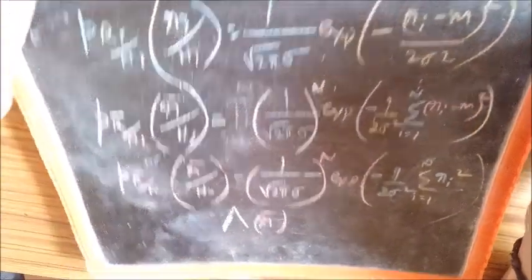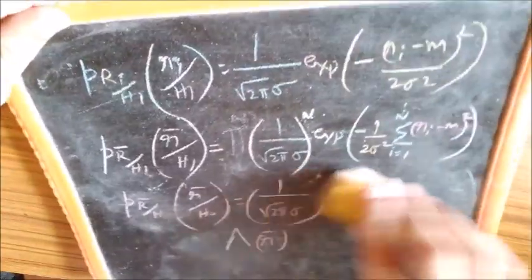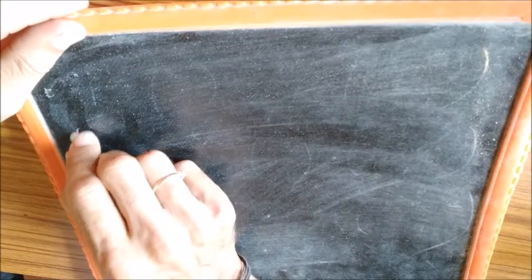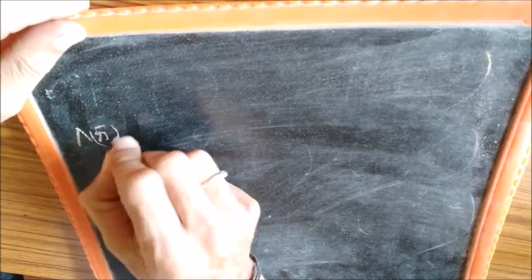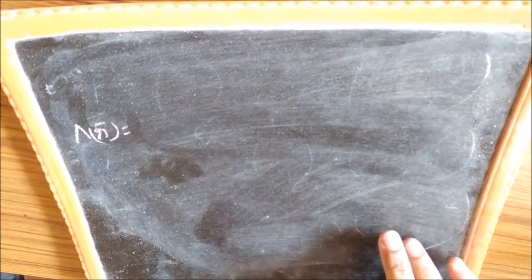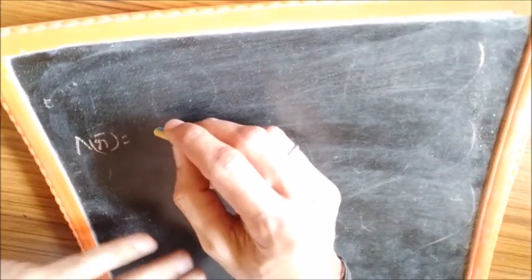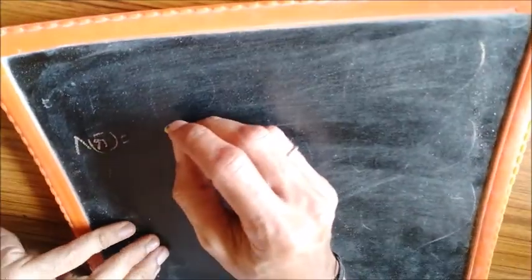So going ahead with that, we now find the likelihood ratio, and we can write it as the ratio of the two density functions which we arrived at just now: P_R given H1, that is the density function of the vector R given H1, divided by P_R given H0.